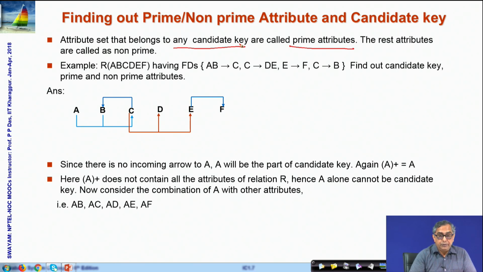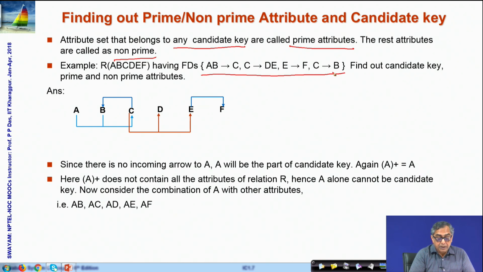All other attributes are called non-prime, which means these are attributes which do not belong to any of the candidate keys.